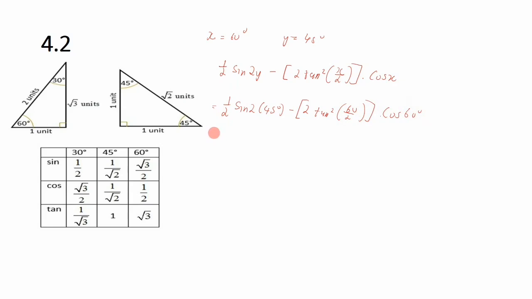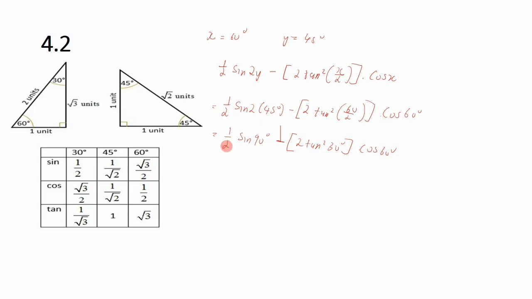Now having to solve this, I have 1 over 2, then sine of 2 times 45 degrees, which is sine 90 degrees, then minus 2 tan squared of 60 divided by 2, that's 30 degrees, and then cos 60 like that.